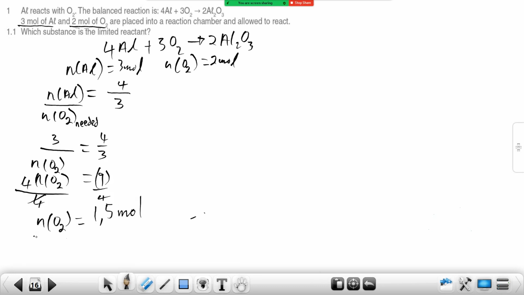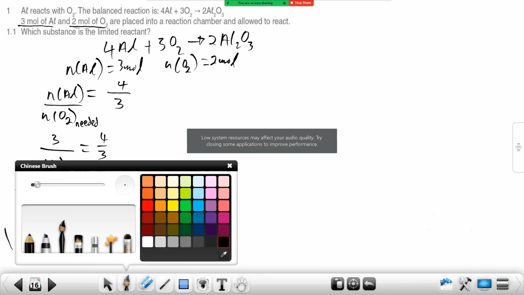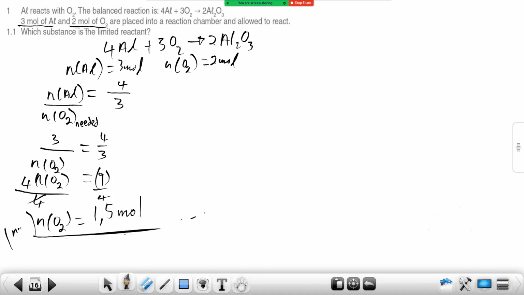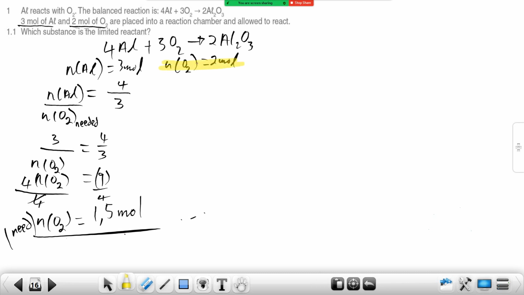1.5 mole. But remember, this is what I said we need for the reaction to take place. This one is the one we need. Initially, we have 2 moles of oxygen, you see.